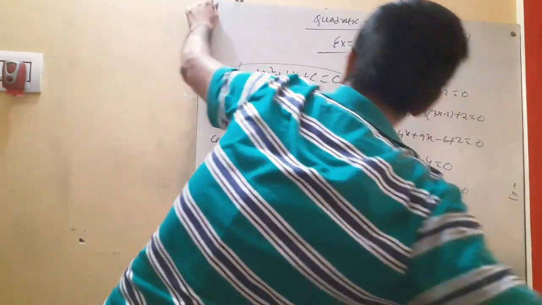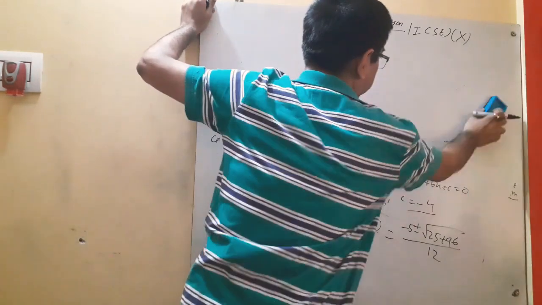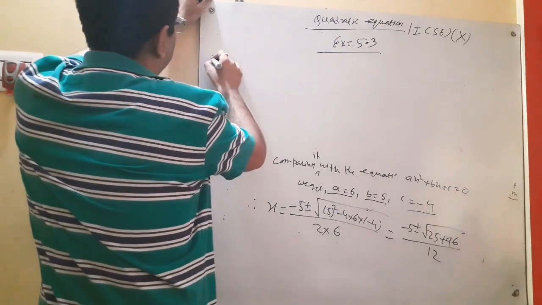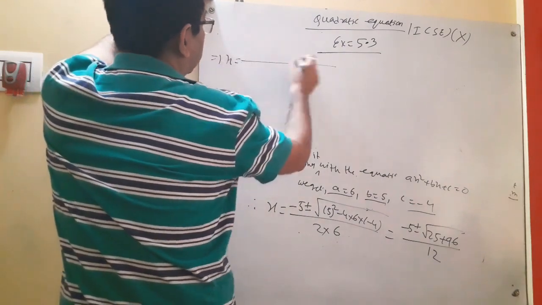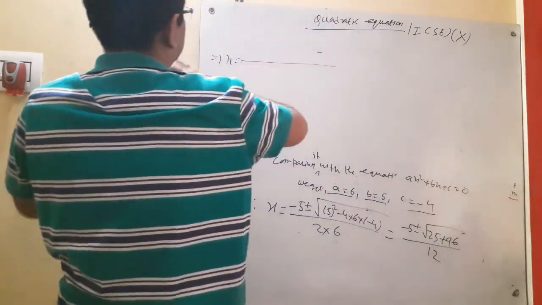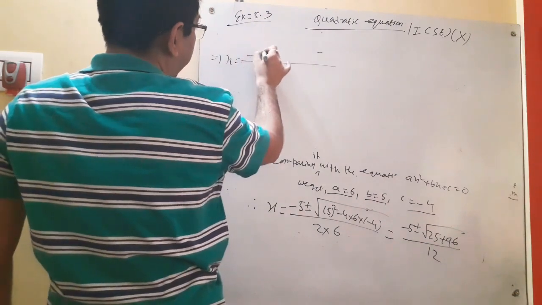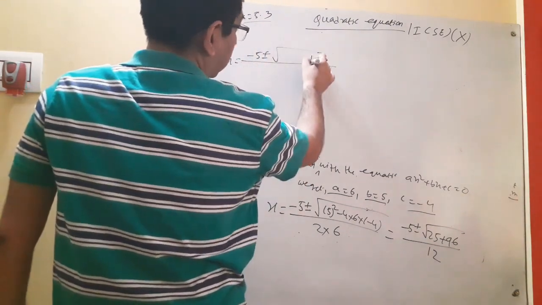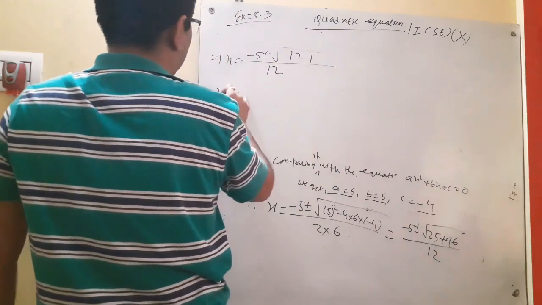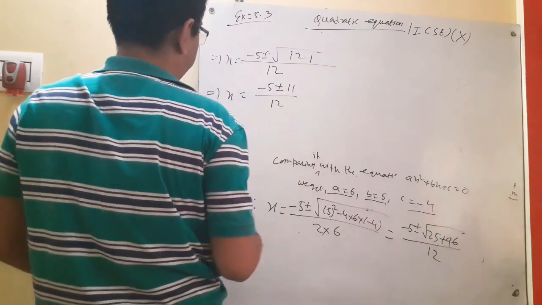Now what will I do? x equal to minus 5 plus minus root of 121 by 12, or x equal to minus 5 plus minus 11 by 12, right?